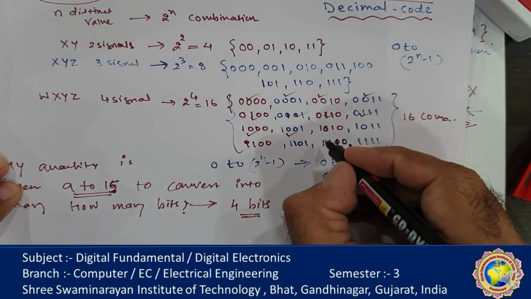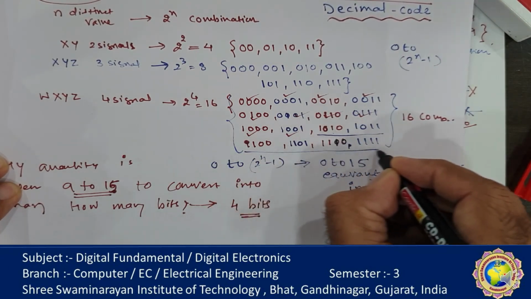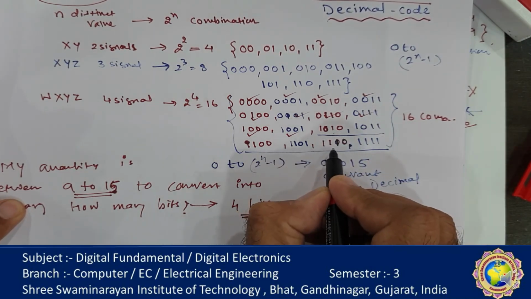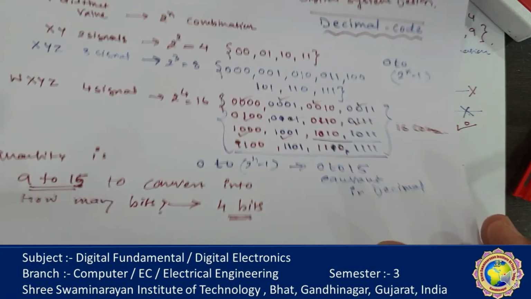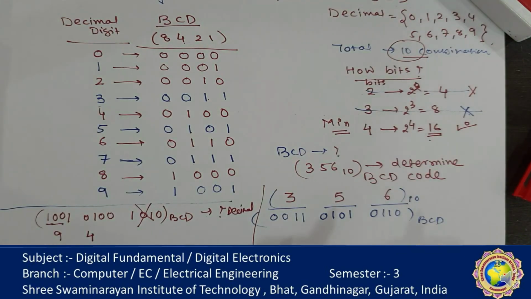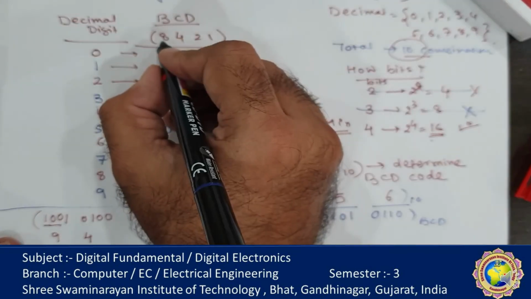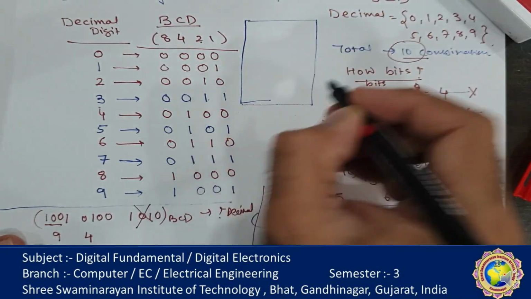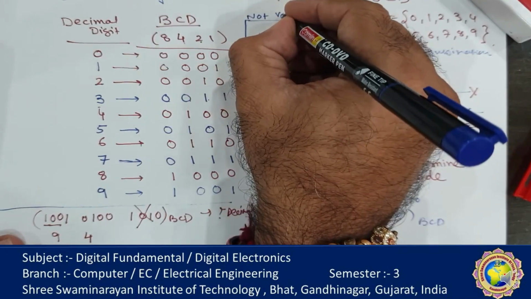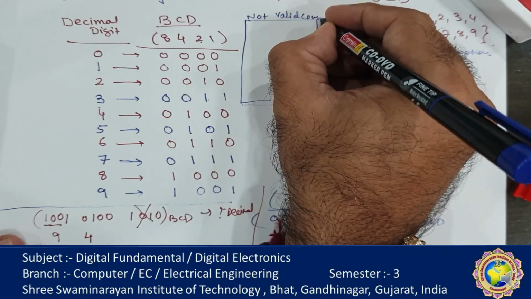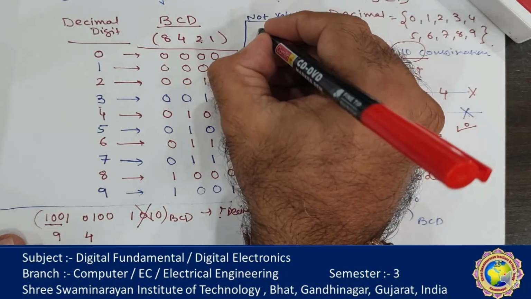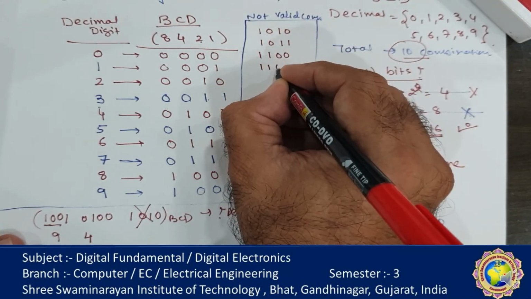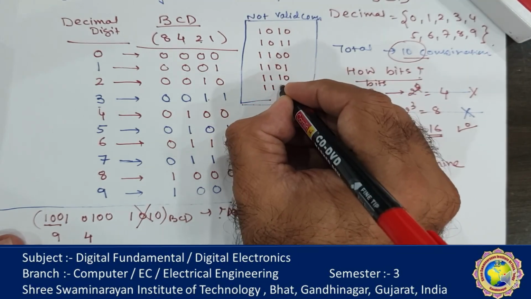The remaining combinations are unused and not valid BCD numbers: 1010, 1011, 1100, 1101, 1110 and 1111. So we can say the remaining 6 combinations of BCD 8421 are unused.